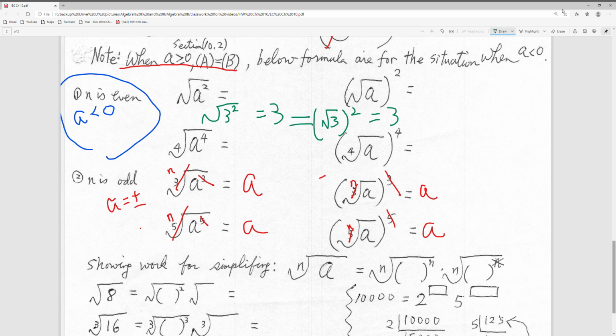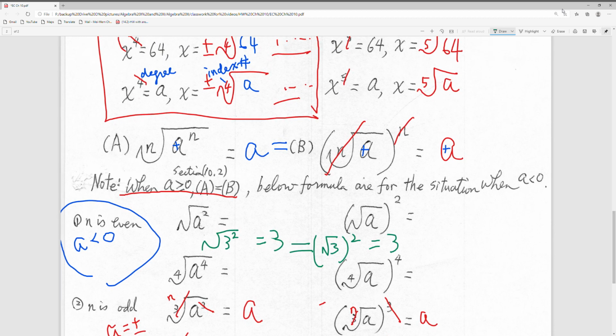So most of the time, A equals B, whether n is inside or outside. It doesn't matter. When A is positive, it's all equal. But the problem is when A is negative.